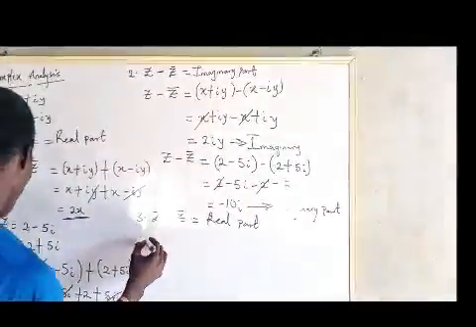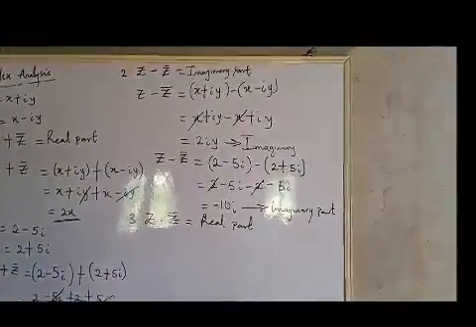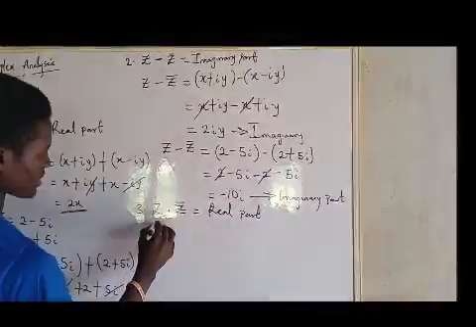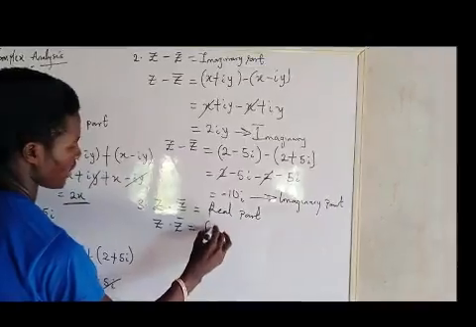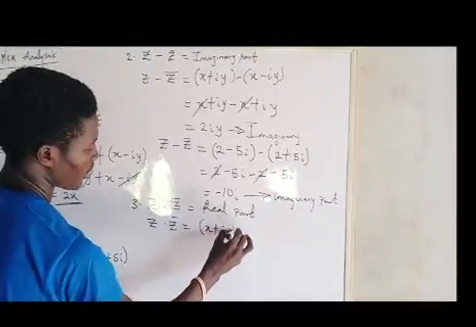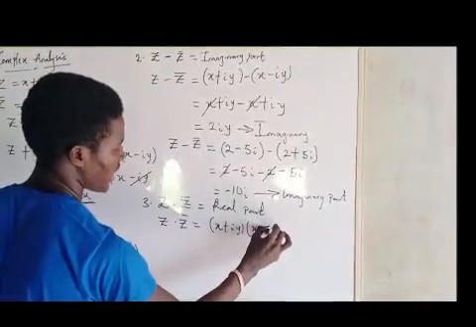Let's say our z multiplied by our z bar, which is x plus iy multiplied by x minus iy.